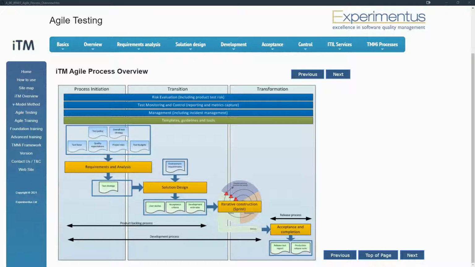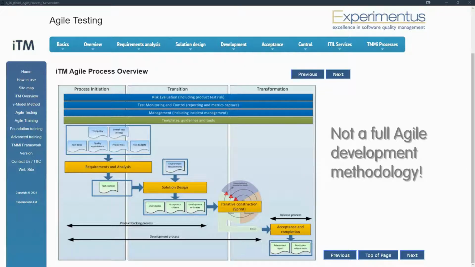Note that iTM Agile testing is not a full Agile development methodology. This is because the choice of specific Agile techniques is dependent on the particular needs of the products under development and the tools available, and these choices are best left to the local Agile development experts.